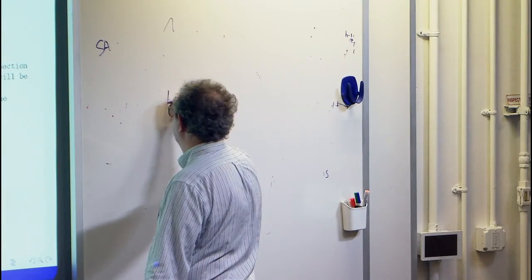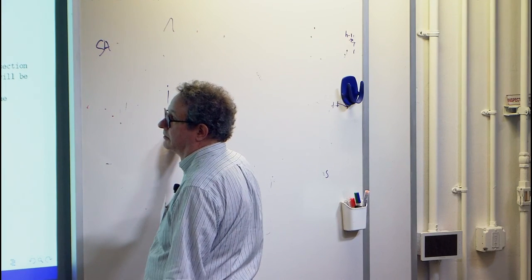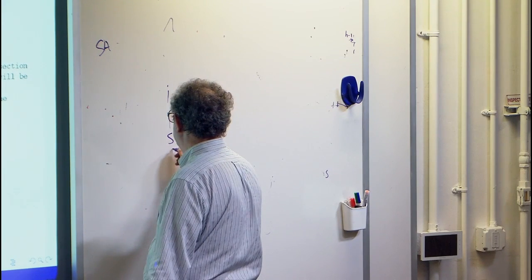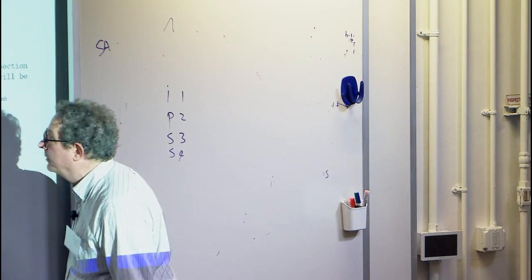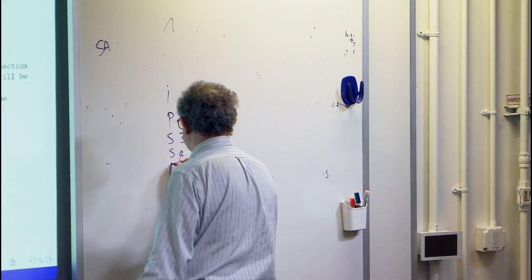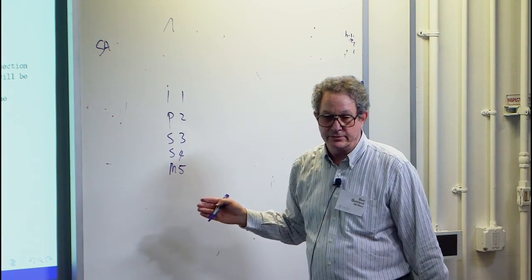So we have I1, and then we have P2, and S3, S4, whatever that happens to be, M5, and so on. So you have these two character strings.